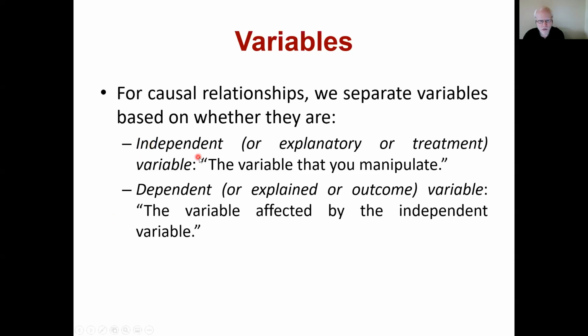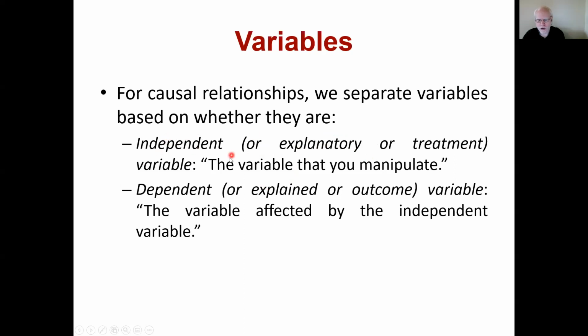This is a typical notation that's used, although I don't really like independent and dependent because nothing in the social sciences is ever completely independent and nothing is ever completely dependent. So I prefer the terms explanatory or explained, or treatment or outcome. Particularly if you're doing an experiment, treatment or outcome are the ideal choices. If you're not doing an experiment, explanatory and explained. I also just find that they're easier to understand.